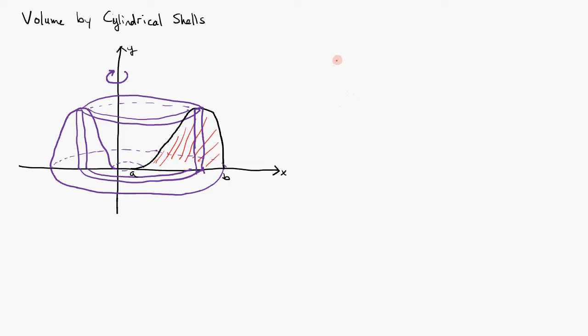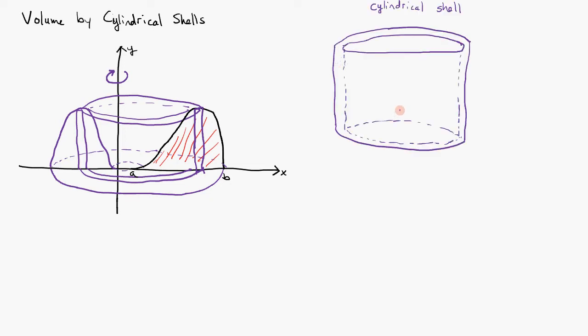Let me draw it over here again so it's a little bit easier to see. Okay, I've sketched one of these cylindrical shells over here. We need to look at the components that make up one of these shells to be able to compute the volume. This circle here has a radius.